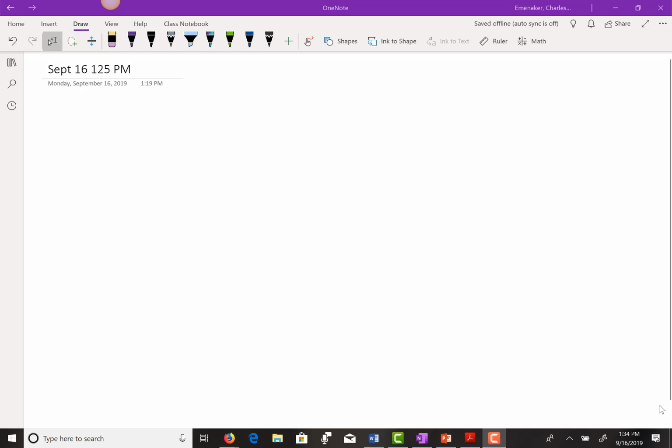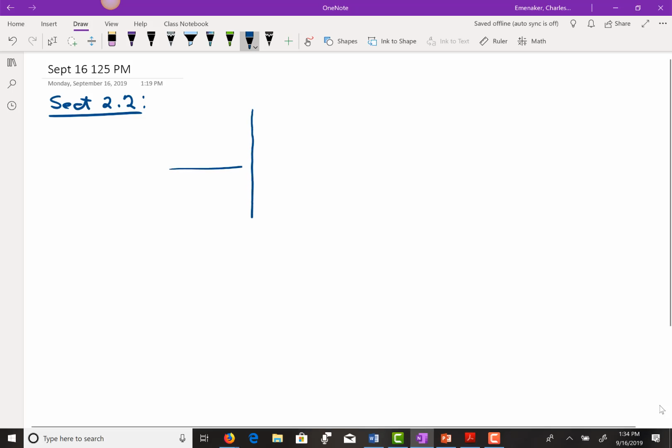Okay, so let's take a look at what's going on here. We're in section 2.2. And in 2.2, last time we had talked about the idea that if you have some kind of a function, that function can have multiple roots.